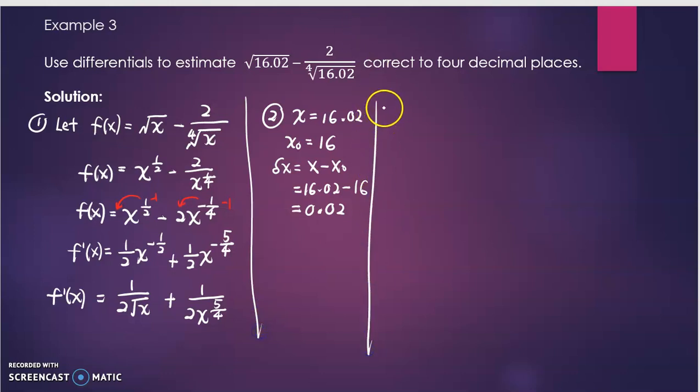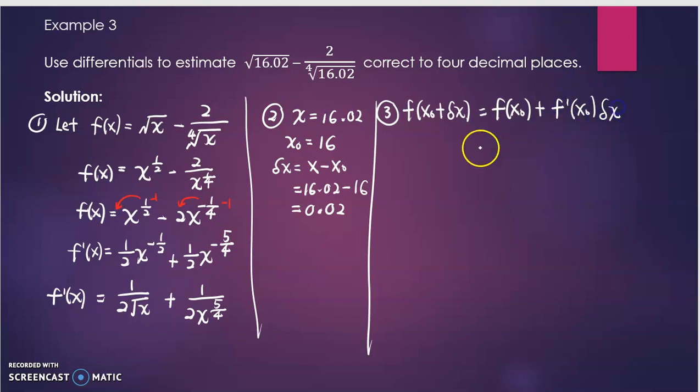Now we look at our third step. f(x naught plus delta x) is equal to f(x naught) plus f prime x naught delta x. So the first part of this formula is our question, which is this here.